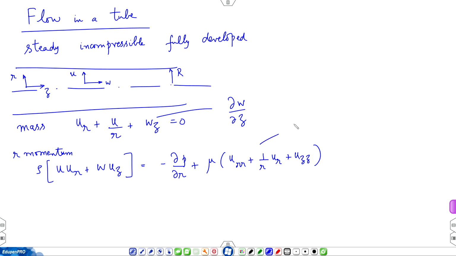The second term is del square u. This is the spatial acceleration term, temporal acceleration is 0.